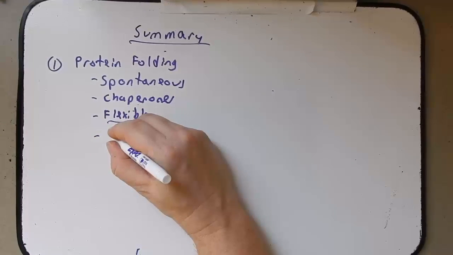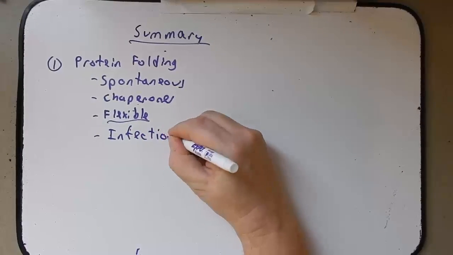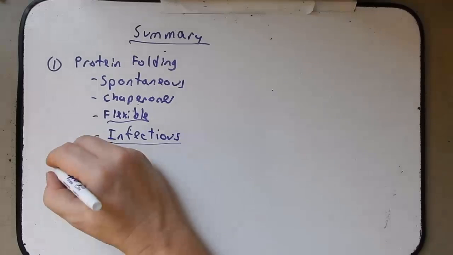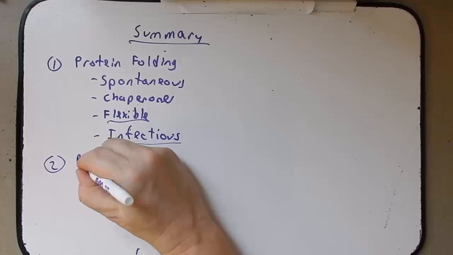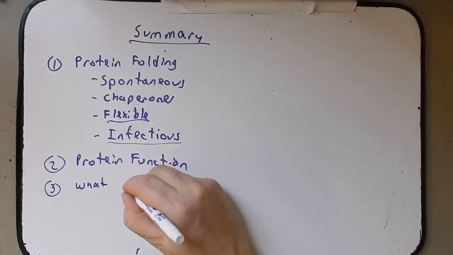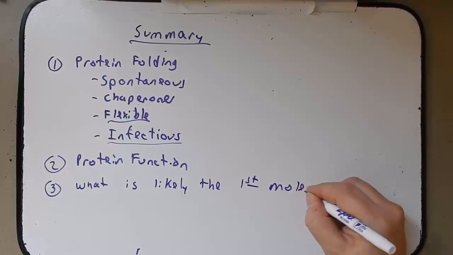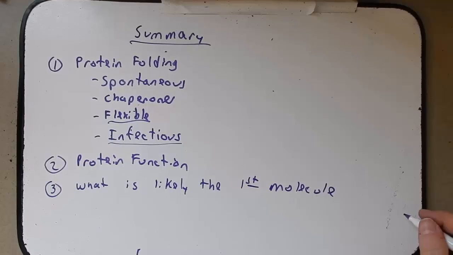And we talked about the infectious nature of some proteins, how they could cause the misfolding of other proteins. And then we closed with a discussion on protein function and what is likely the first molecule of life. And we said that the best candidate for right now is RNA.